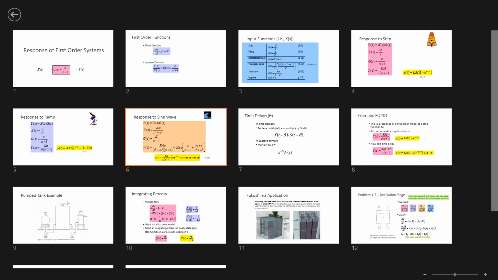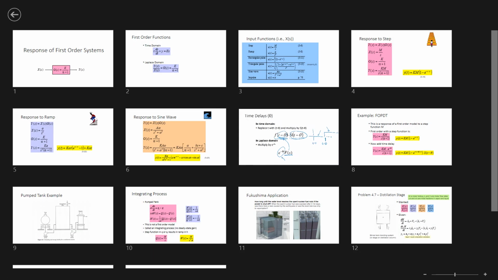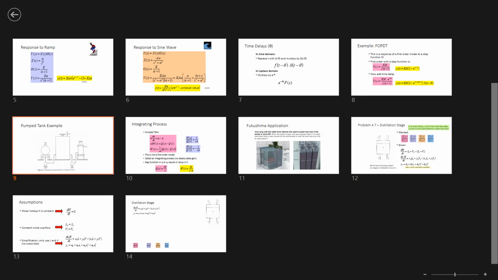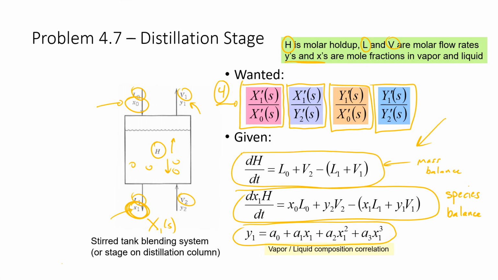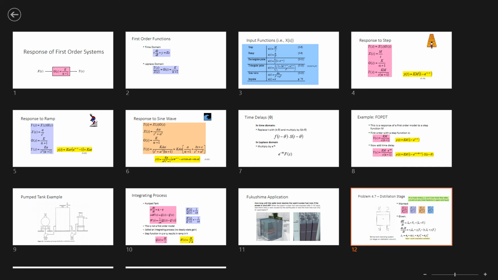We talked a little bit about time delays and how you can time shift that signal back with that substitution of t minus theta, and then also the step. And then we went over a couple examples like the pump tank example and also the distillation stage example. Okay, so that concludes this video on first order systems. The next one that we're going to cover is going to be on second order systems.